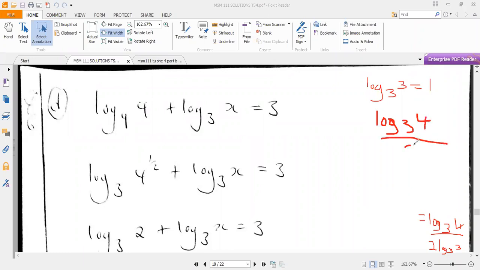Over 2, since you know that the log base 3 of 3 is simply 1 here, using that log property. So when you have a 2 there, how do we get rid of these 2 down here?